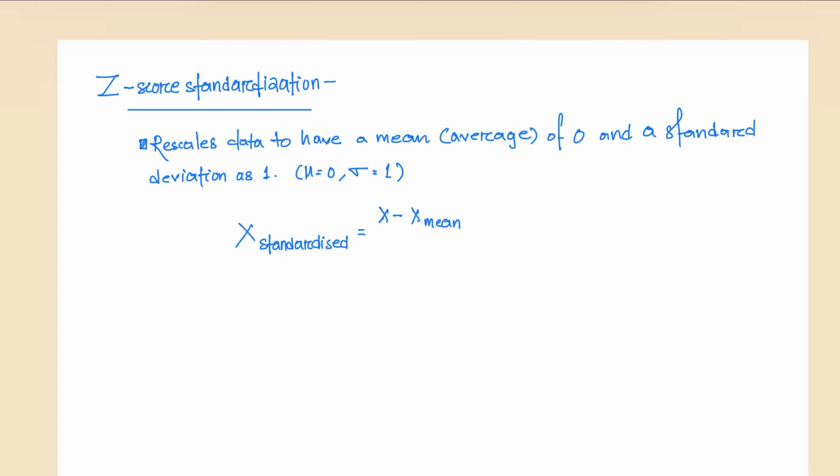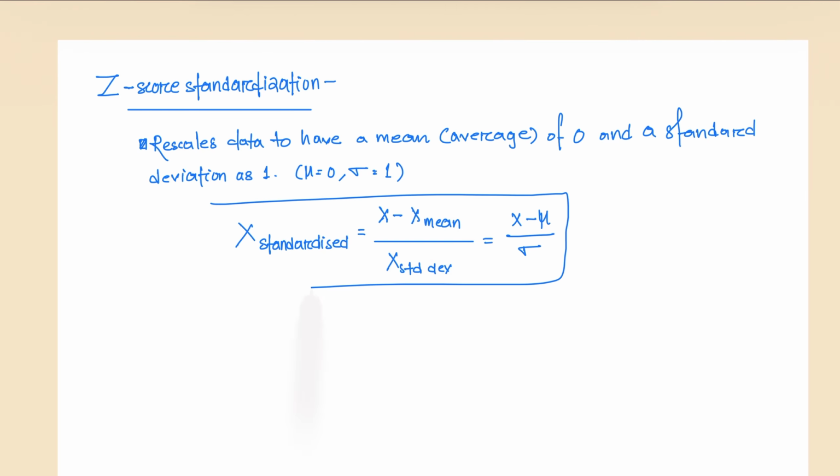It is the X normalized. And when you rescale the data to have a mean of zero and standard deviation of 1, that is the standardization. X standardized equals x minus x mean divided by x standard deviation, that is x minus mean by sigma. This is the thing.